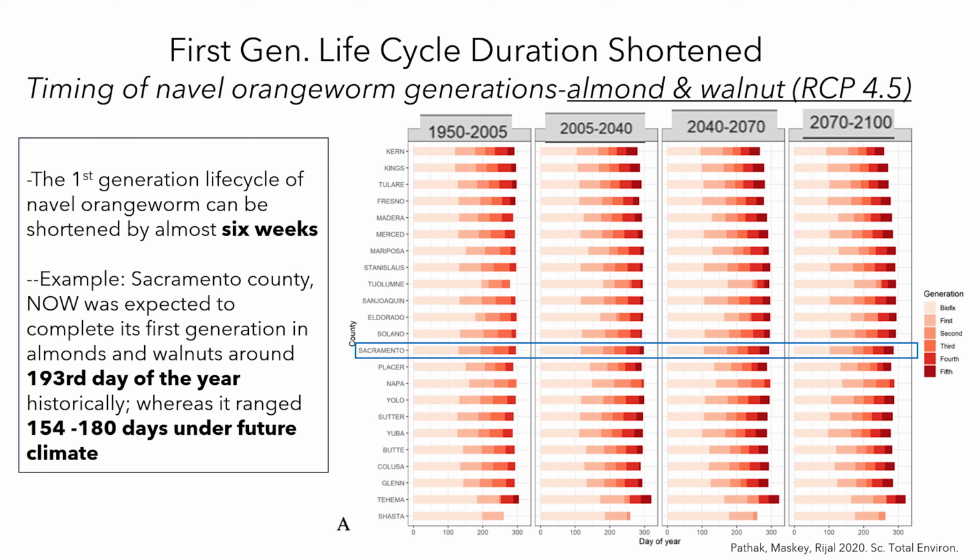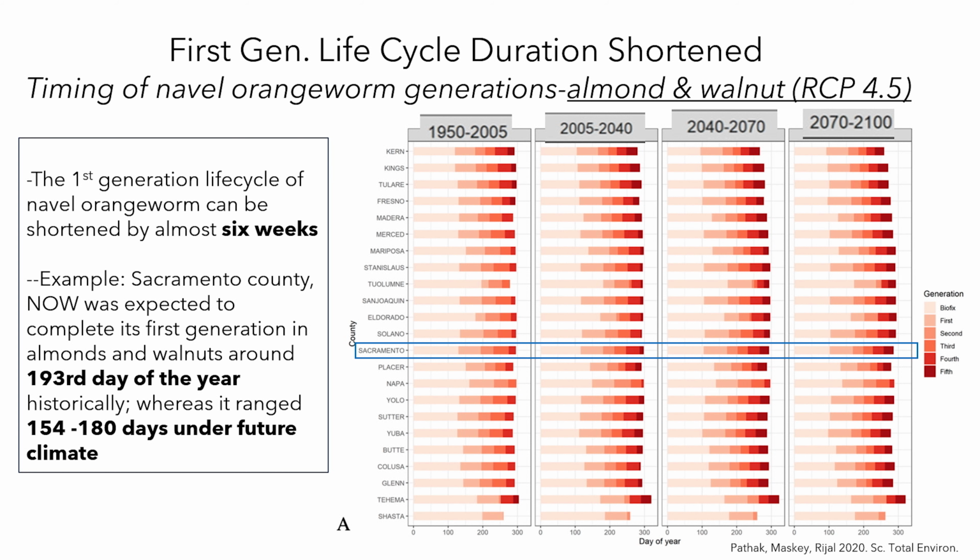So how does that impact, shrinking the number of days for a particular generation? There are a lot of things here, but because of time, what I want to say is that we found that at least the first generation of navel orangeworm, which survives on the mummy nuts, the nuts from last year, under future conditions by the end of the century, the calendar days can be reduced by about 6 weeks because of the future climatic conditions.